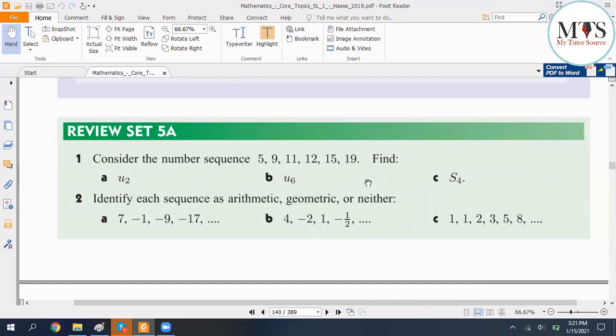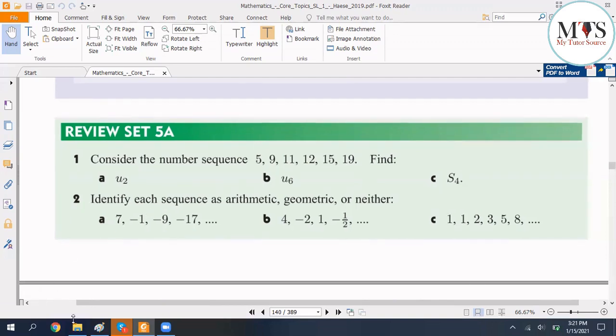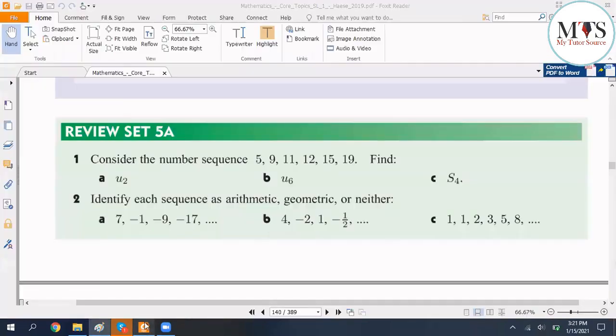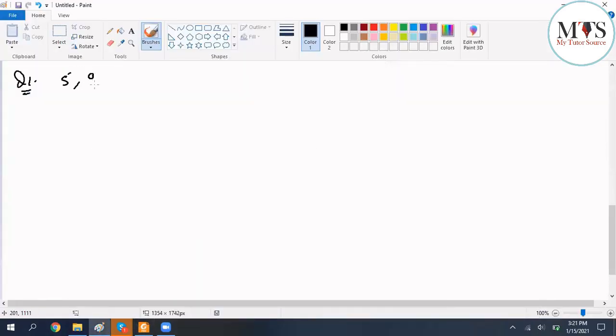Then what about S4? What does S stand for? S stands for sum. So S4 is the sum of the first 4 terms. We write the first 4 terms, which are 5, 9, 11, and 12.